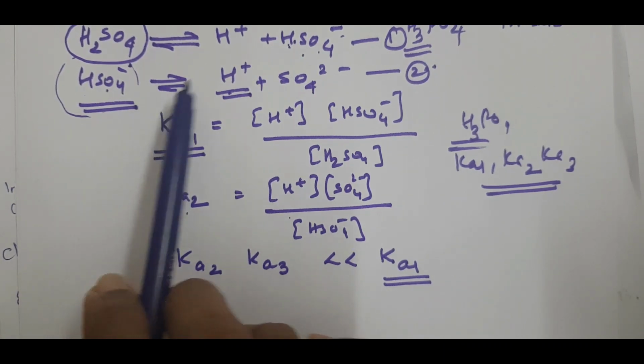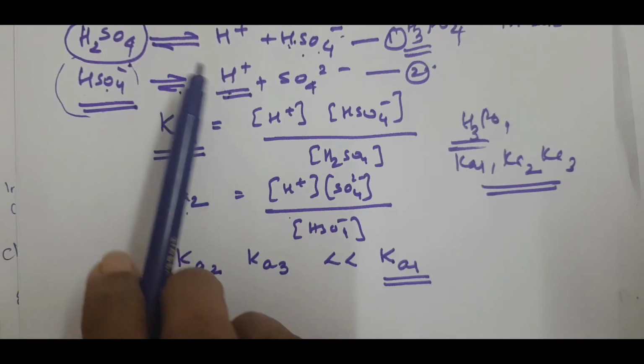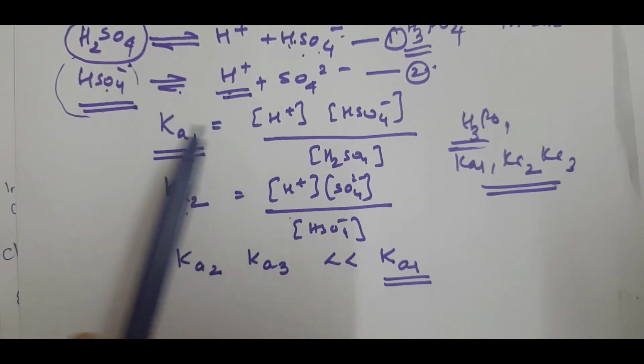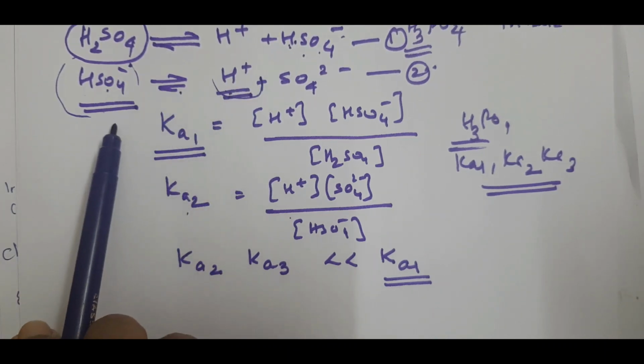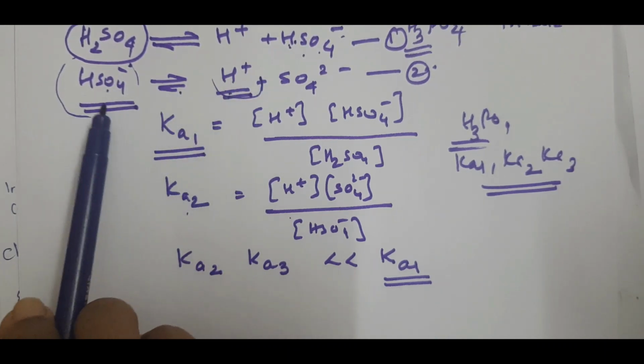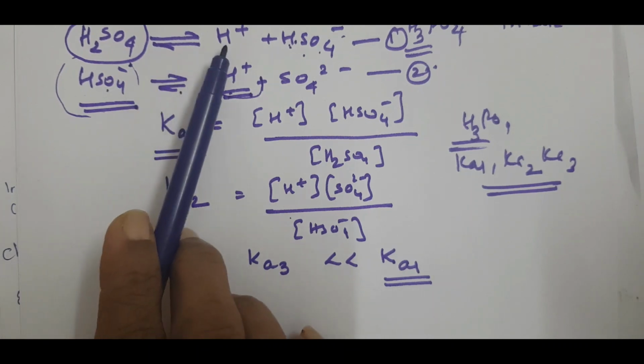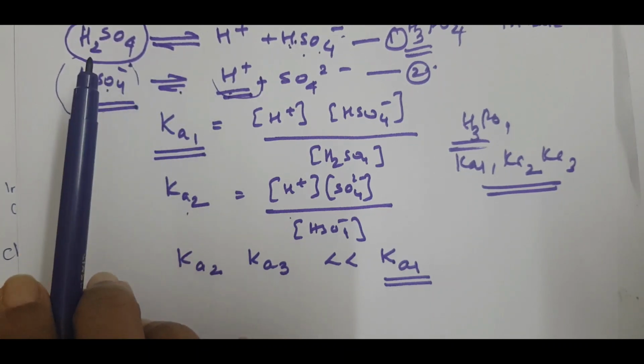And in the second step, the removal of a proton is very difficult when compared to the first step. Why? Because in the second step, the H+ is removed from a negative ion, while in the first step, the H+ is removed from a neutral molecule.